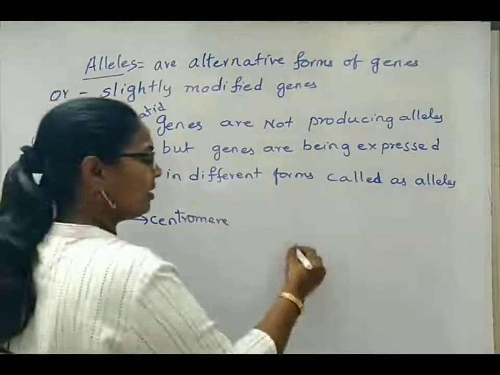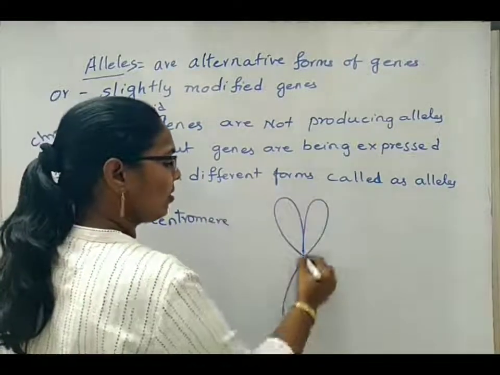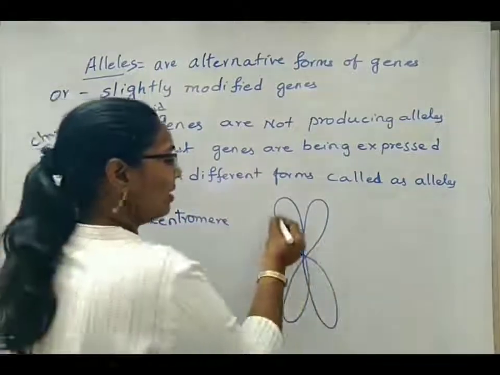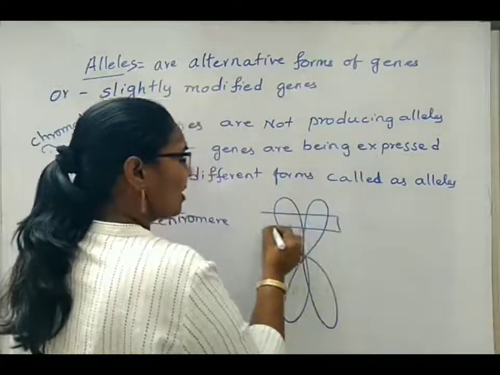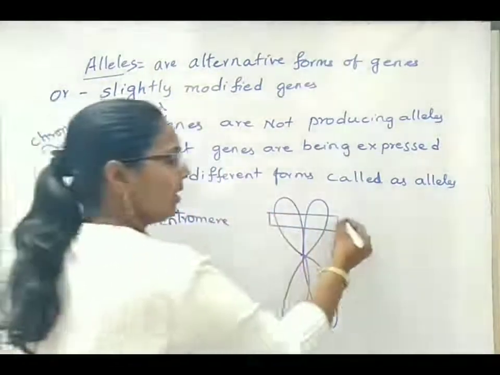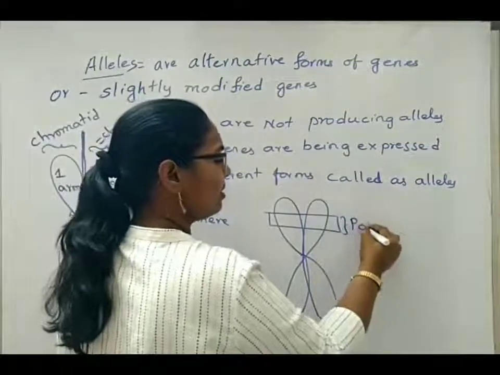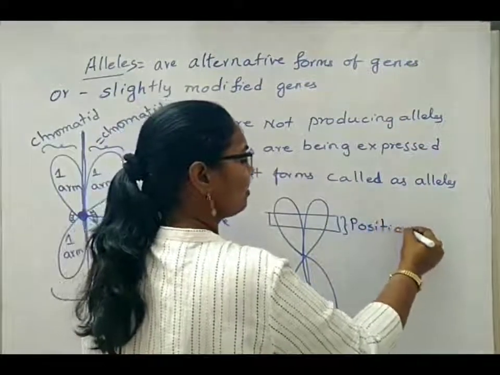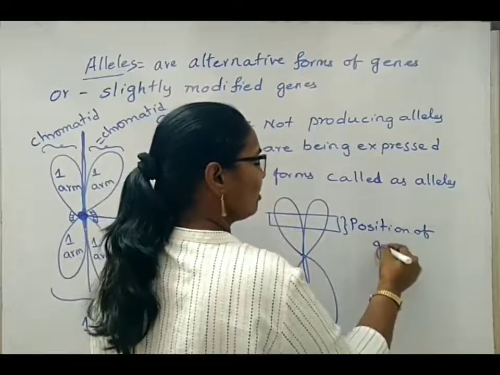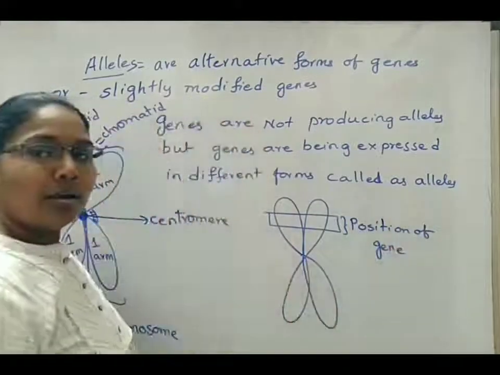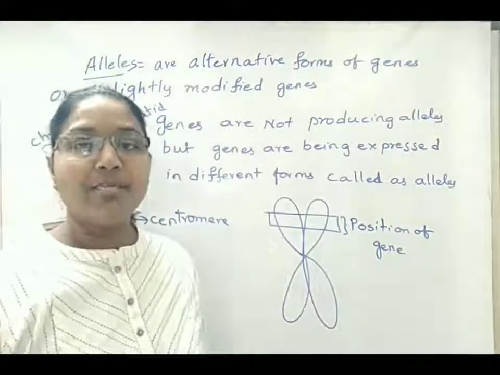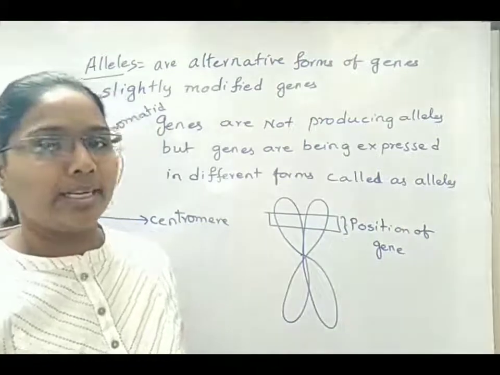Now, we will just look at the alleles or the genes. So, if we take this position of a chromosome, then this is considered as the position of gene. Means on the chromosome there is a position where gene is located.